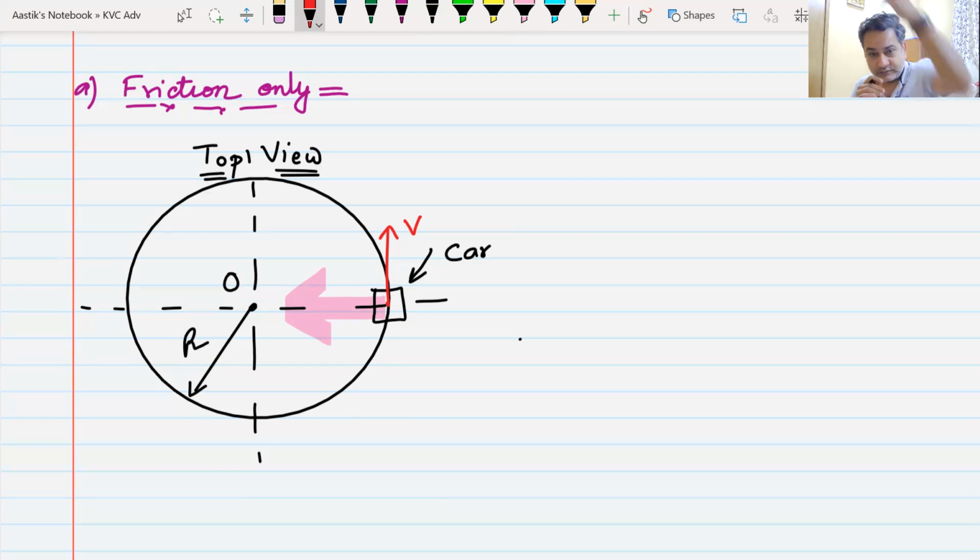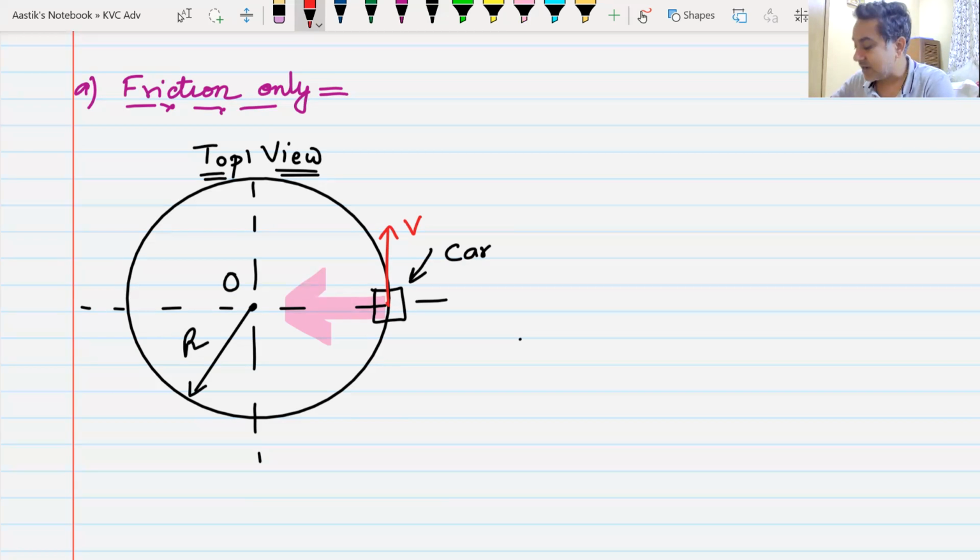Kinetic friction. Well done. Well, if it is kinetic friction, my dear friend, your car's wheel will not rotate. They will just slip, like it slips on ice. Kinetic friction cannot make your car wheel rotate. It will slip.